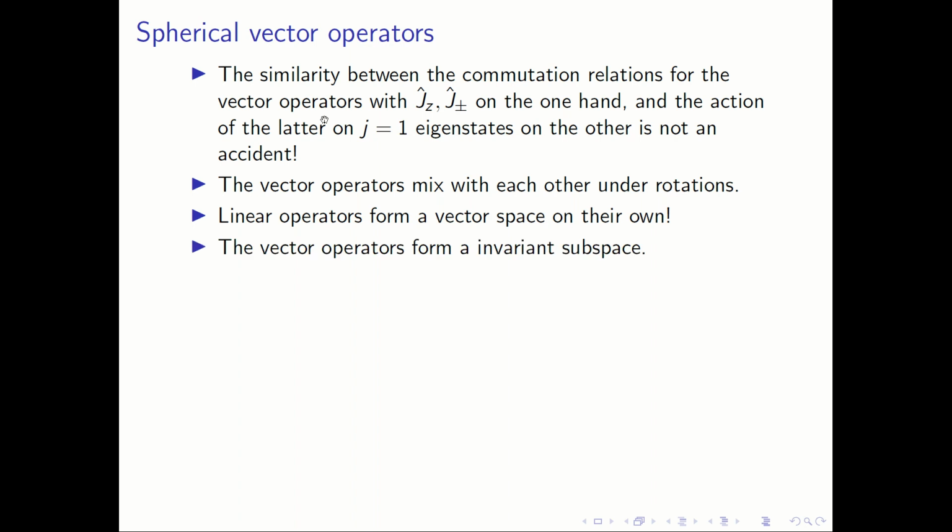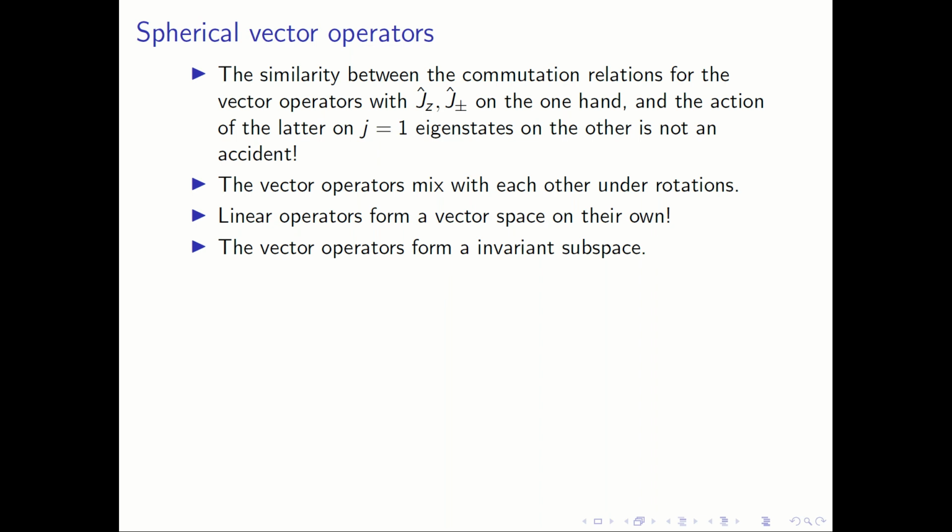and the vector operators, or the three components of a particular vector operator, form an invariant subspace in this space, in the sense that when you rotate your coordinate system, operators of course mix among each other. After all, you start with an operator, you get a new operator.